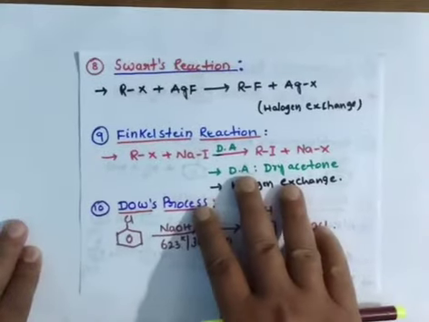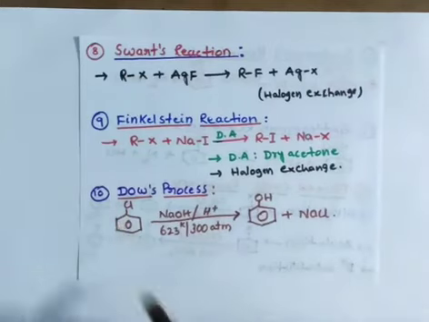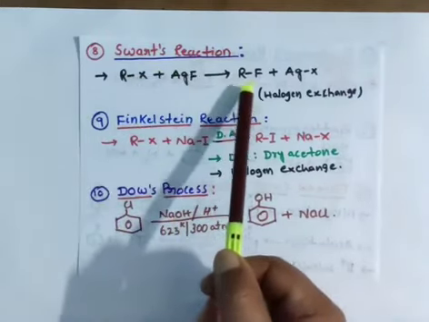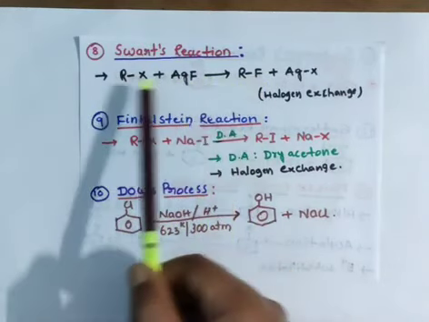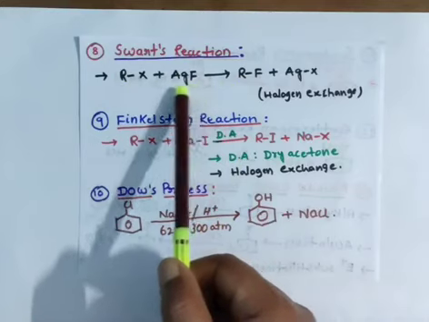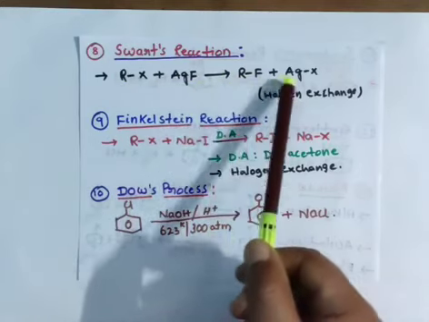And now another important reaction of haloalkanes and haloarenes, that is a very important organic named reaction, Swarts reaction. In Swarts reaction we are preparing fluoroalkanes. Alkyl halides react with a metallic fluoride, AgF, silver fluoride, giving rise to RF and AgX.